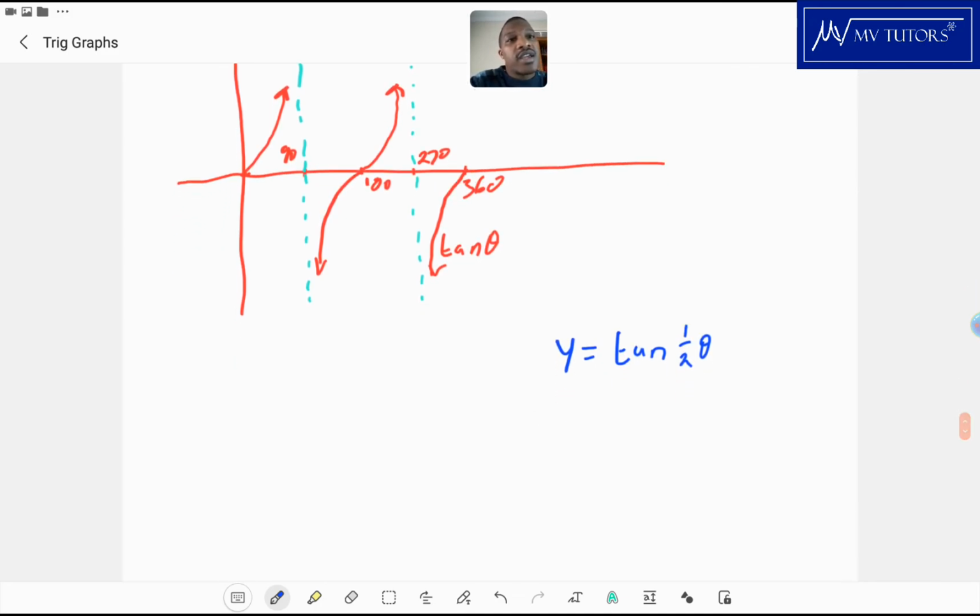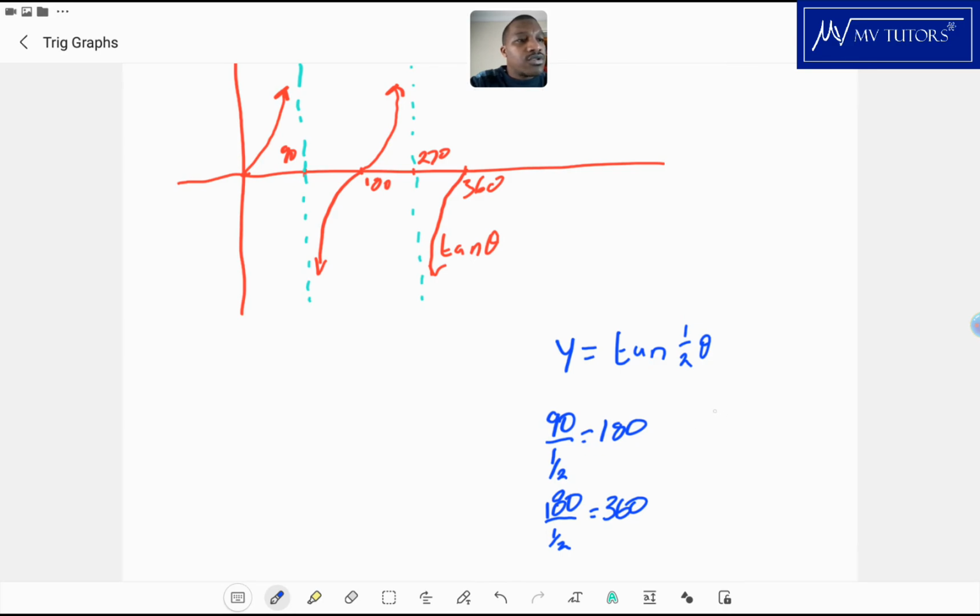Now, let's take each and every number on its own. So it's 90 divided by a half, and dividing by a half is just like multiplying by 2. So 90 becomes 180. 180 divided by a half becomes 180 times 2, which is 360.